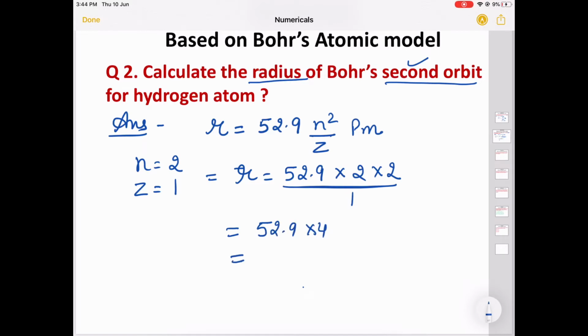By calculating this, the result is 211.6 picometer. So the radius of Bohr's second orbit for hydrogen atom is 211.6 picometer.